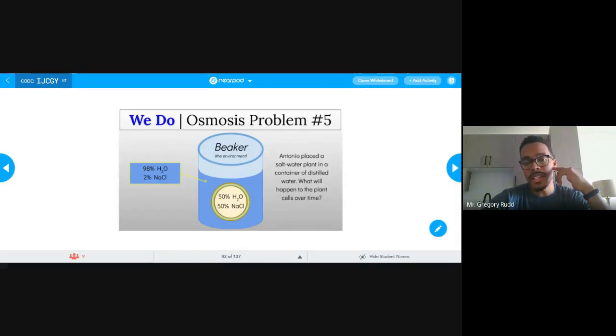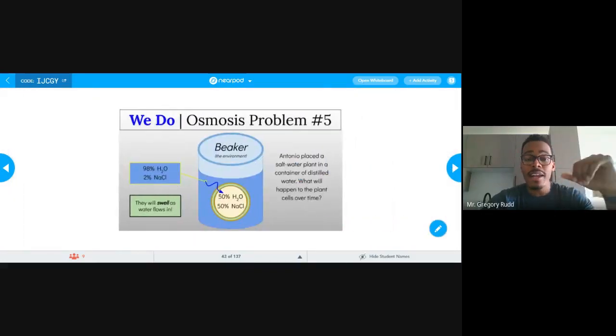So this imbalance, this discrepancy between the beaker and the cell itself is going to lead to osmosis. Osmosis is the movement of water. In this case, 98% is higher than 50%. That means that the water is going to flow from the beaker into the cell. Water is flowing from where it's in a higher concentration to where it is in a lower concentration.